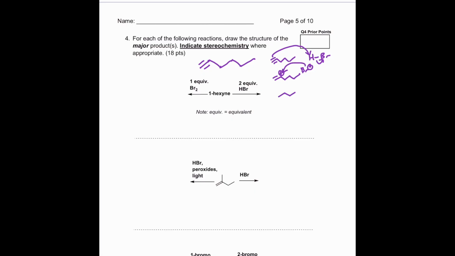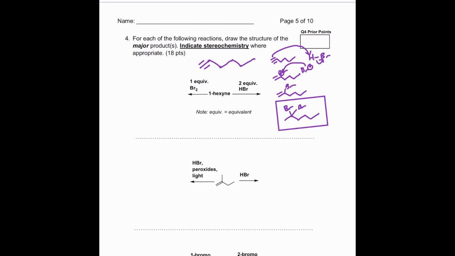And then we're going to have this. We're going to have another bromine. And then we're going to go through it again. Same process all over again. And then our final product is going to look like this. 1, 2, 3, 4, 5, 6. So then that is going to be our final answer here.